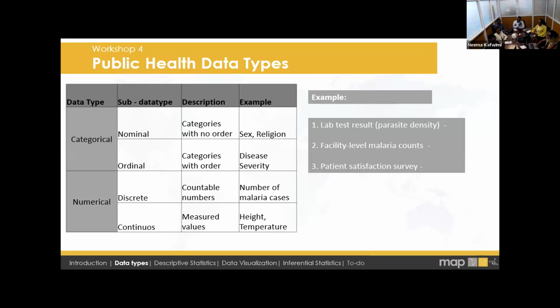Let us do this together, and you can either unmute yourself or put it in the chat box quickly. The lab test results are which data type? Any volunteers?